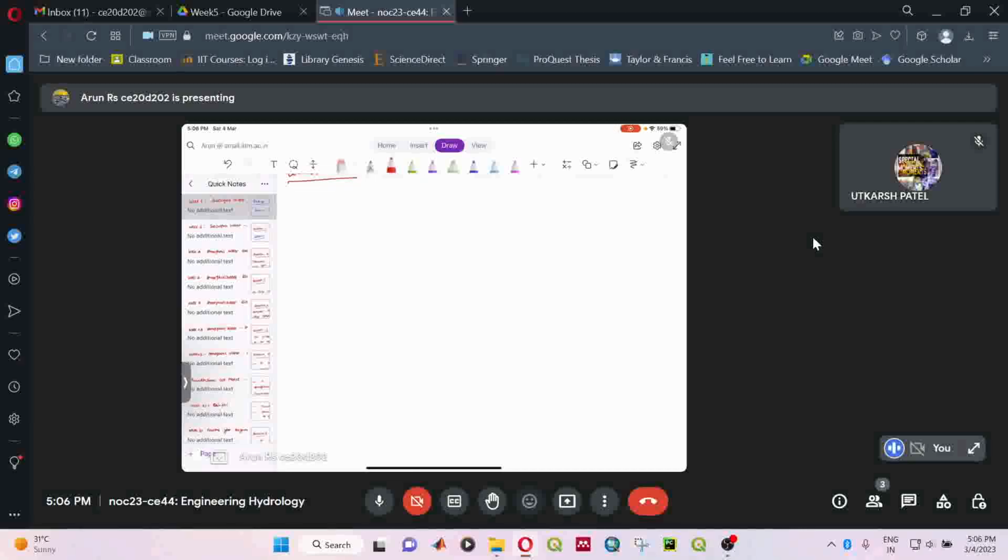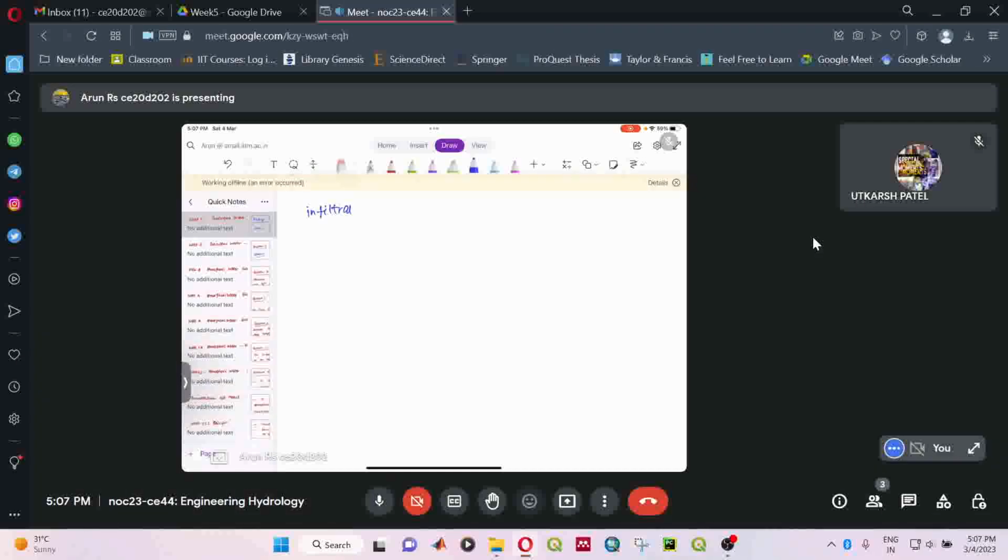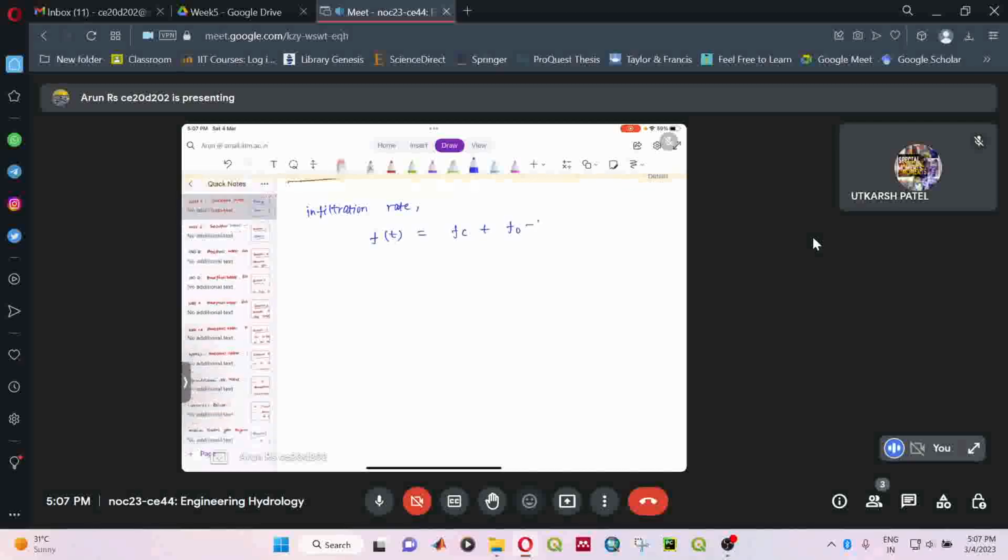We know that the infiltration rate by Horton's equation is given. So the infiltration rate by Horton's equation is f of t is equal to fc plus f naught minus fc into e to the power of minus kt. So this is the equation that is given.